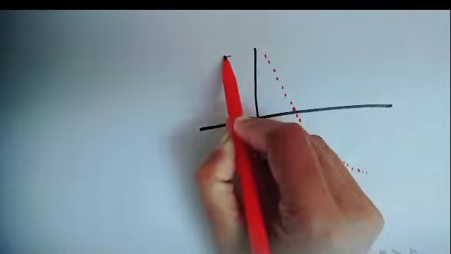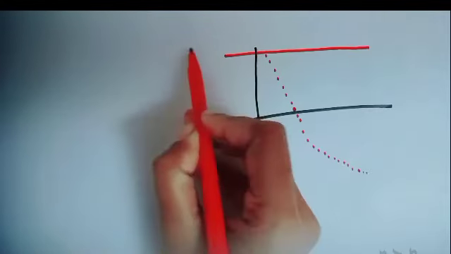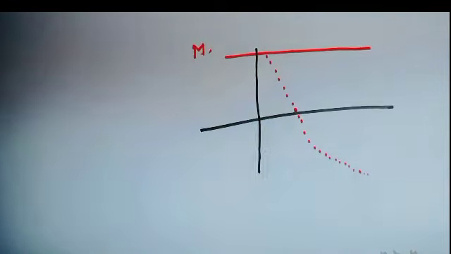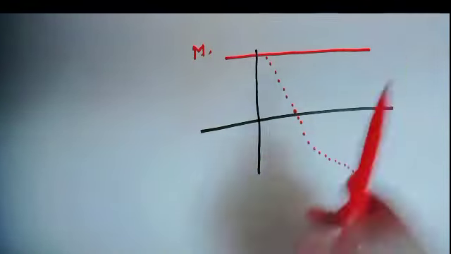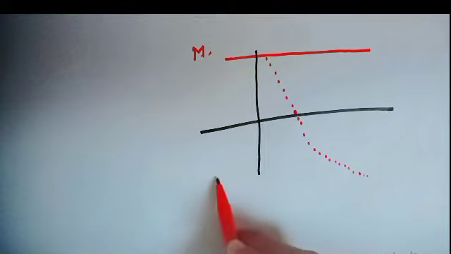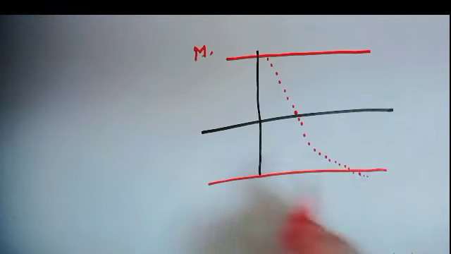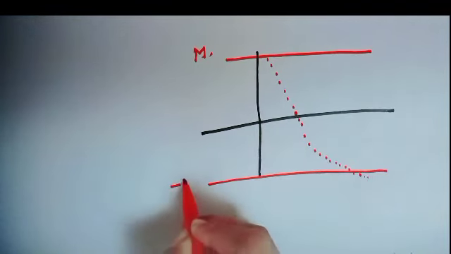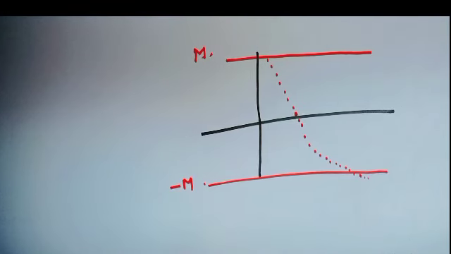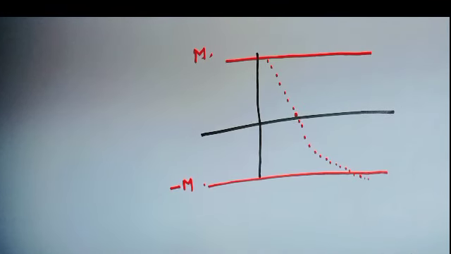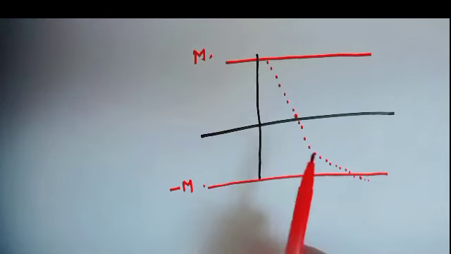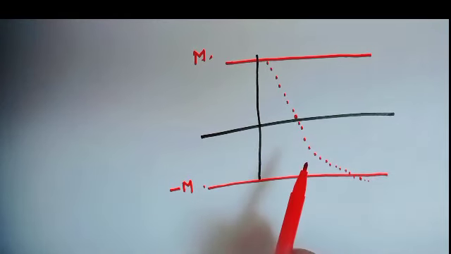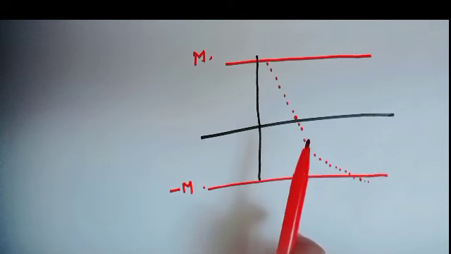And it is bounded above by capital M, and bounded below by capital minus M. Okay? Since it is a decreasing sequence, it converges to M.